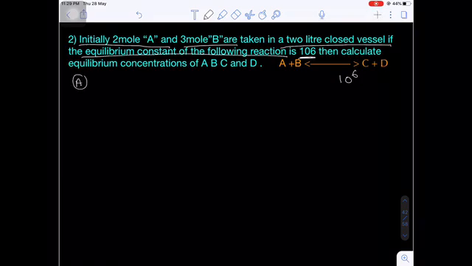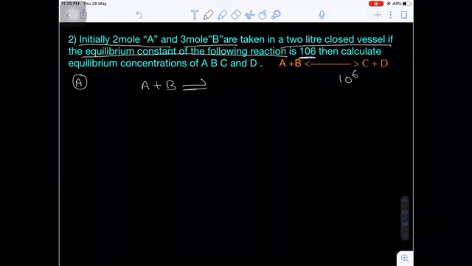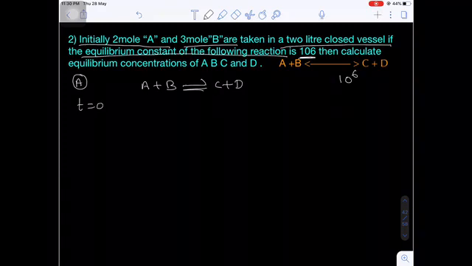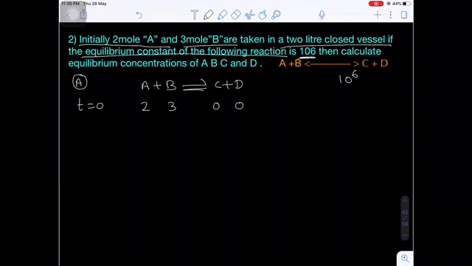First of all, write the given reaction: A plus B in equilibrium with C plus D. Initially, at time 0, 2 moles of A and 3 moles of B are given to you. There are no moles of C and D initially, so 0 and 0.